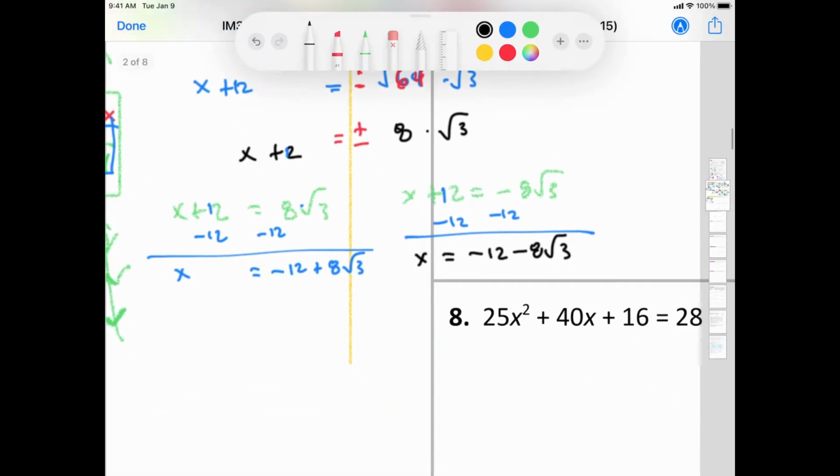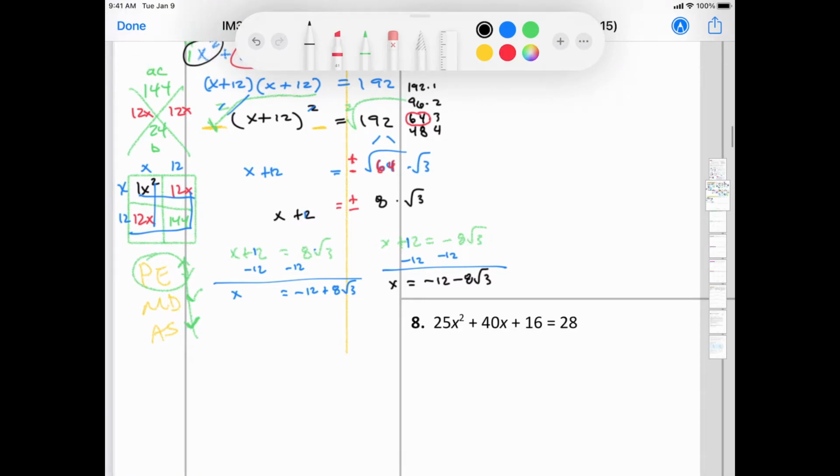I'm not saying this is our answer, but I do want to point this out now. They call this one in the green box an exact answer. Why is it exact? Because you don't do any rounding or estimating.